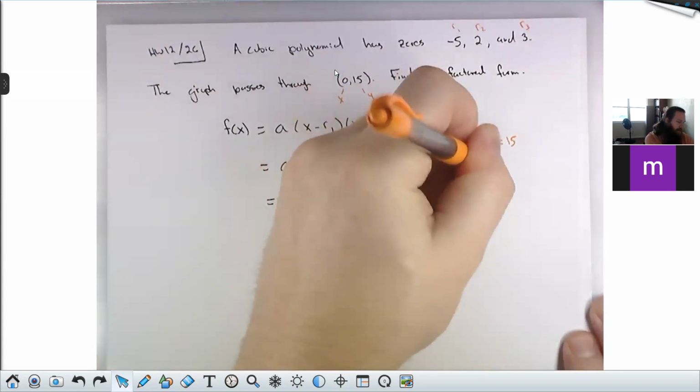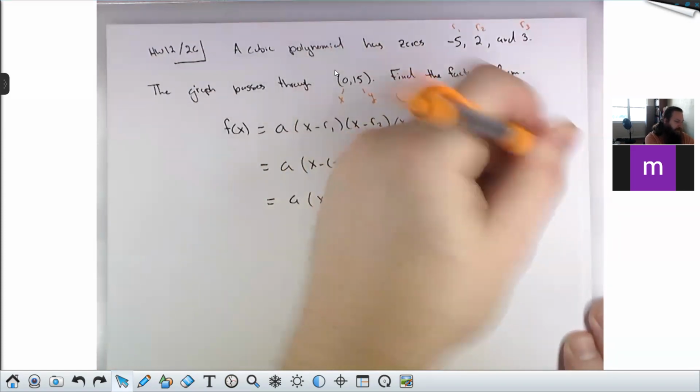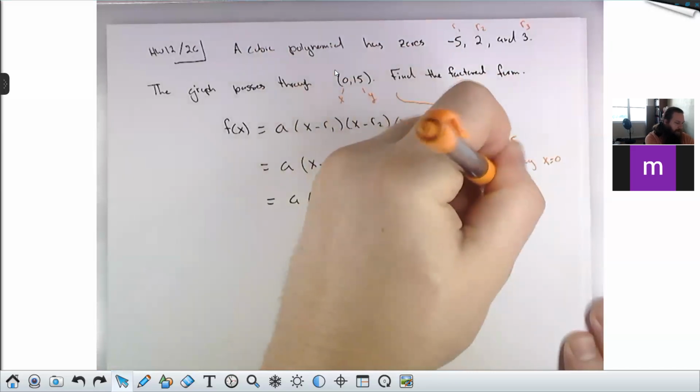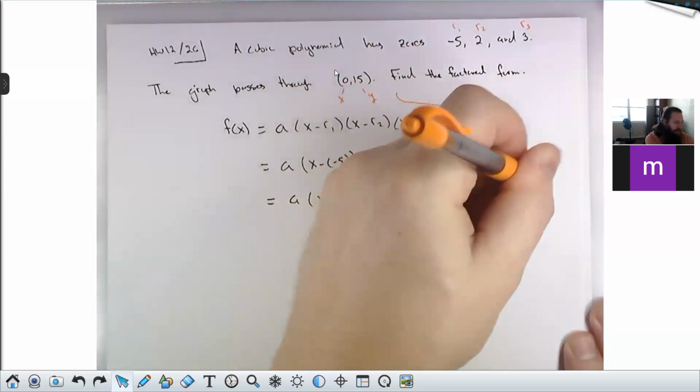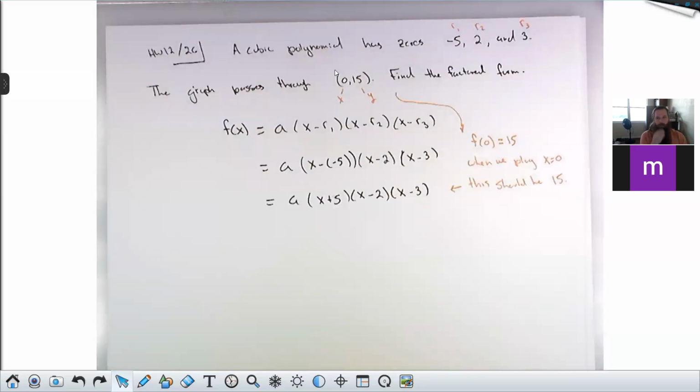Or when we plug in x equals 0, this expression should be 15. So let's go ahead and do it.